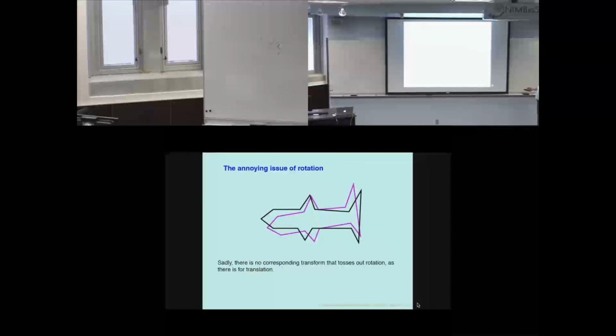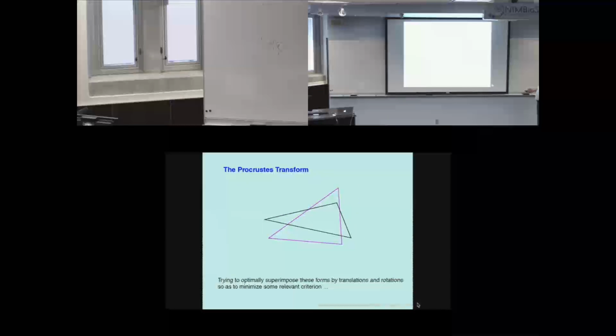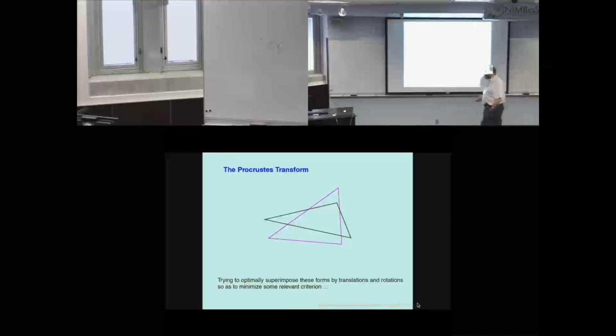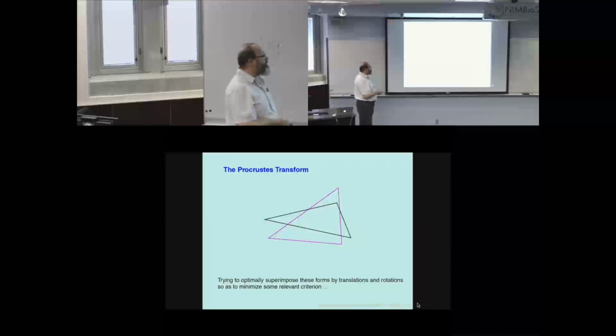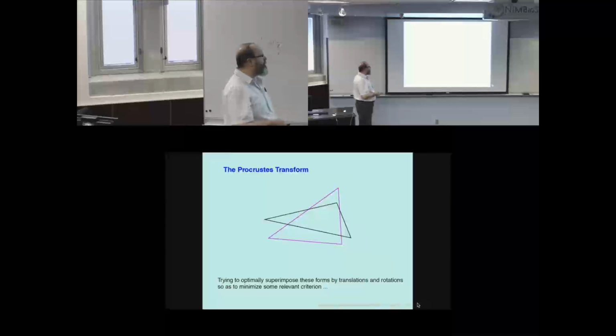Wish I had a rotation scheme that was non-arbitrary, that acted like that for rotation, but we use this maximum likelihood thing. What do the people who do the morphometric consensus do? They superpose specimens by what's called the Procrustes transform. Here are two triangles.